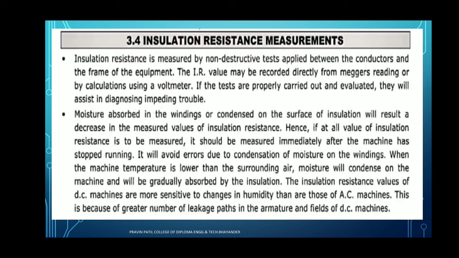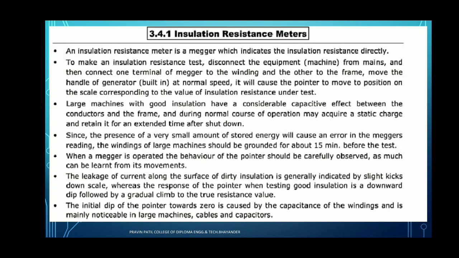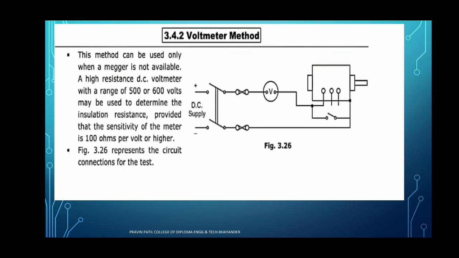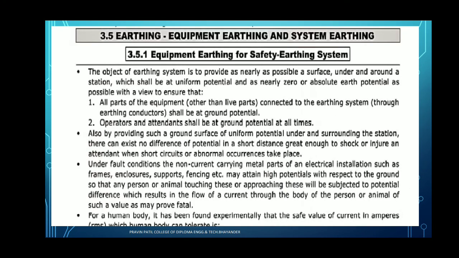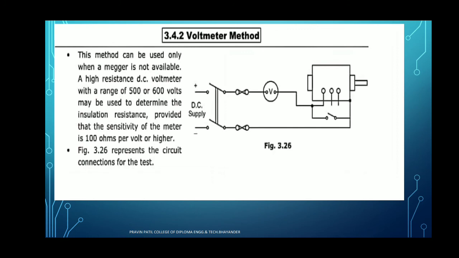High insulation resistance is measured with the help of the megger, and the insulation resistance meter is also that. If a megger is not available, then we have to use the voltmeter method. So these are the different types of devices used for the measurement of insulation resistance.